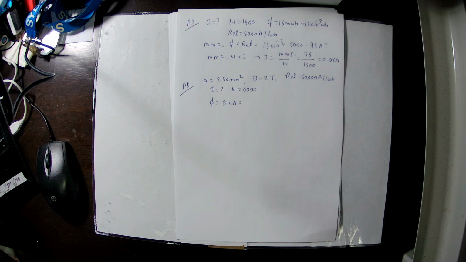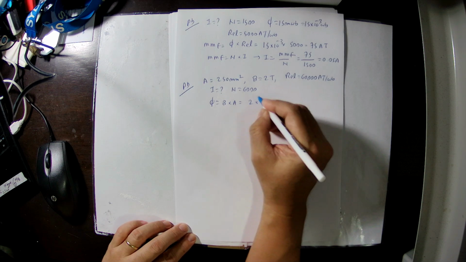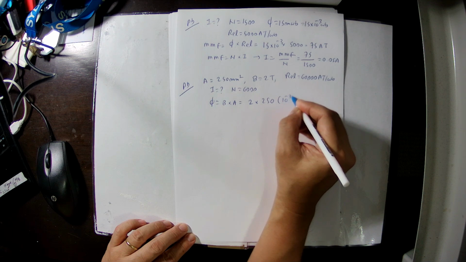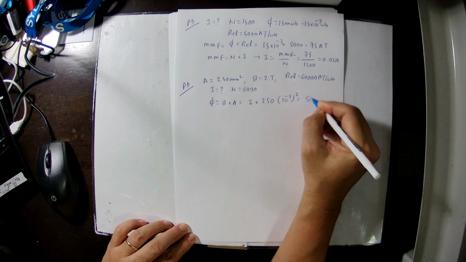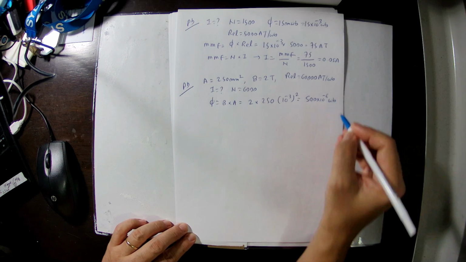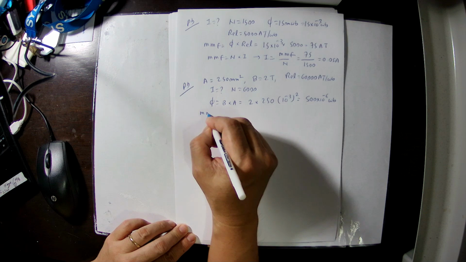The flux density is 2 Tesla, area is 250 millimeter square, so 10 power minus 3 squared. So the flux is 500 into 10 power minus 6 Weber.